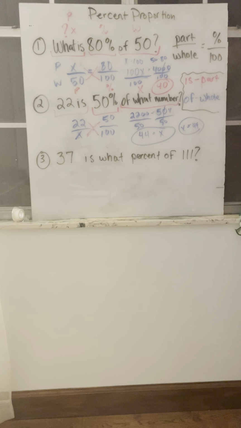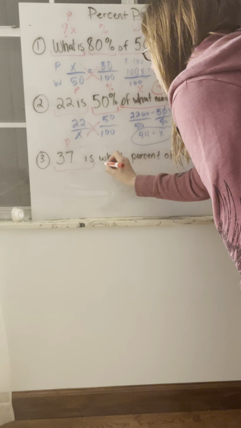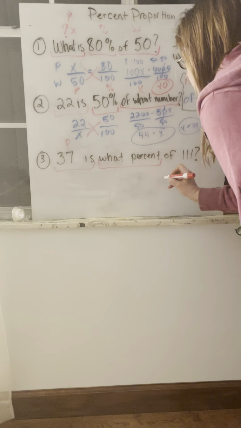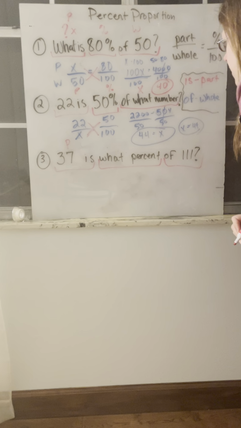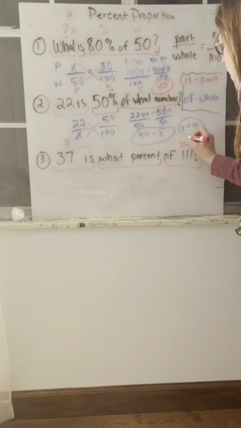The third type of problem you're going to see, or maybe saw on the assignment, is having to find the percent. So we have 37 is, remember this is our part, what percent of 111? The of is our whole. What percent?